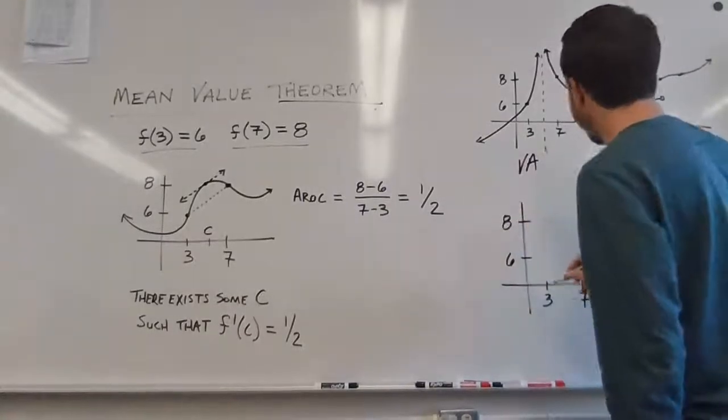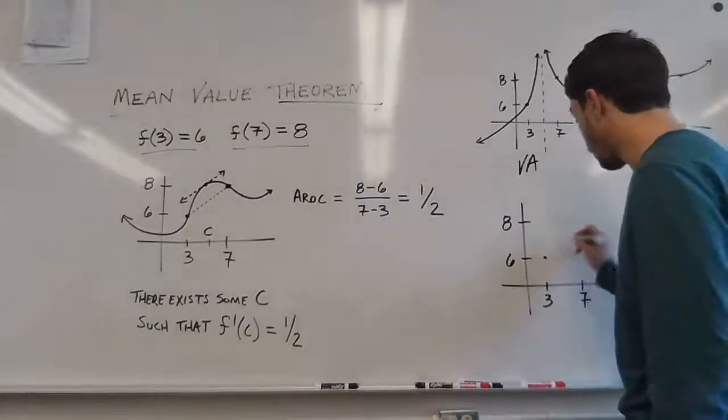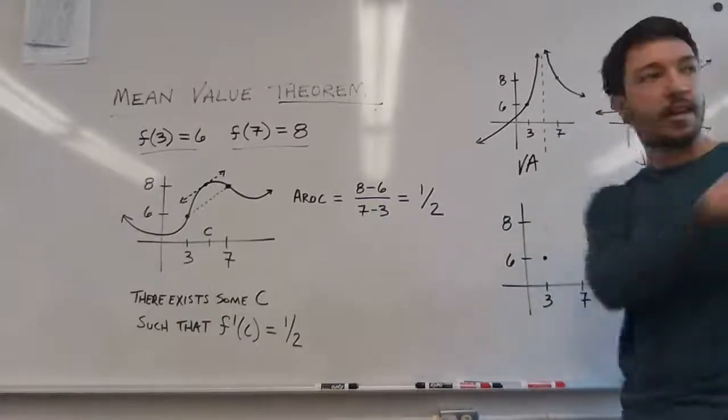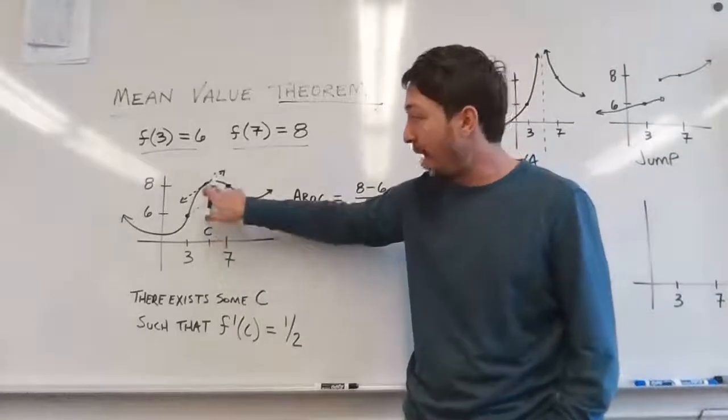Okay, now the hole one is interesting because let's say there's only going to be one hole in this graph. It has to be in a very special spot. So take this graph and say the hole would have to be right there.